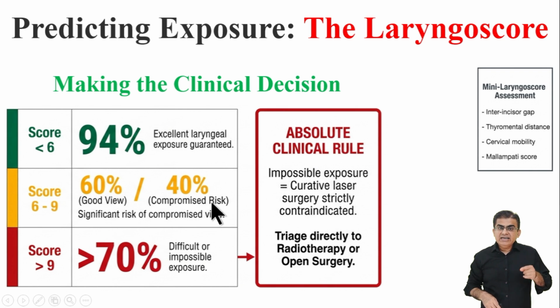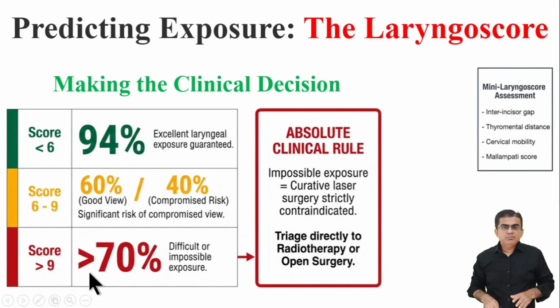And if the score is greater than 9, you are entering the dangerous red zone. There is over a 70% probability that your exposure will be difficult or impossible. So this is how you assess whether a particular patient is a suitable candidate for TLM or not. You must check it for every patient if you are planning to do TLM.